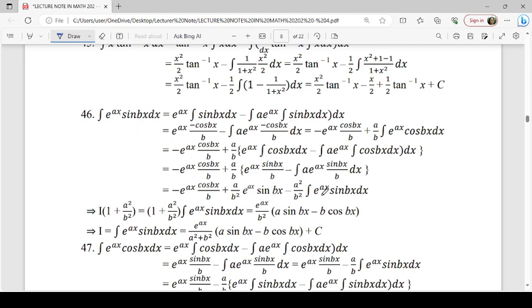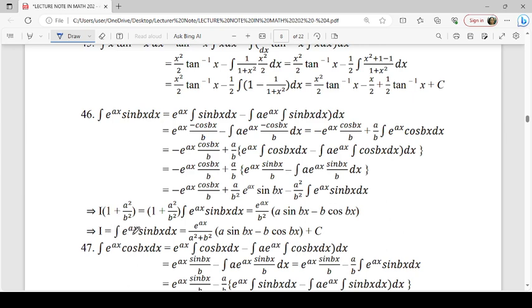So in this case we cannot have a value without integration. So again we are getting the same function, e to the power x sin bx, and in that case we take this to left hand side. So we write this as I.